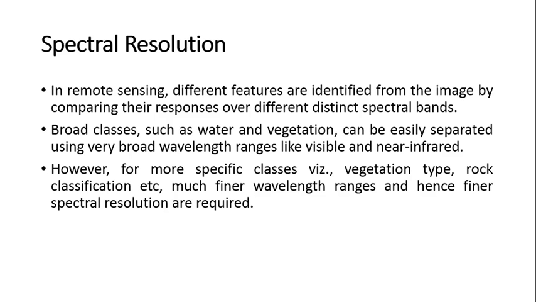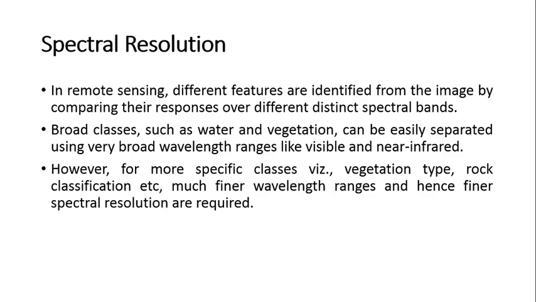In remote sensing, different features are identified from the image by comparing their responses over different distinct spectral bands. Broad classes such as water and vegetation can be easily separated using a very broad wavelength range like the visible range or infrared range.